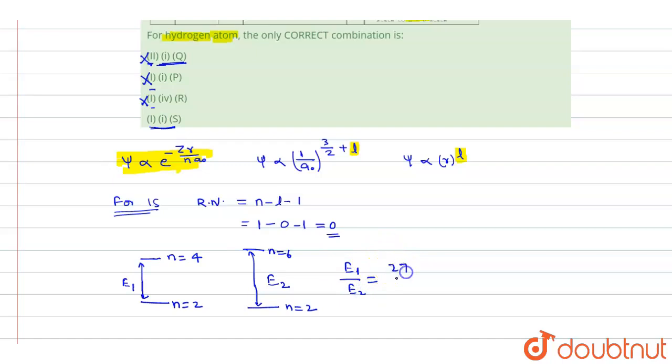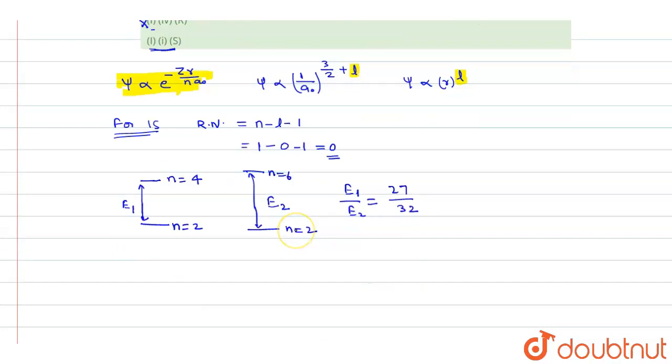It is saying that ratio of E1 upon E2 is 27 upon 32. So to check that, first of all we have to know one thing, that from Bohr's model, E for any shell is minus 13.6 Z square upon n square.